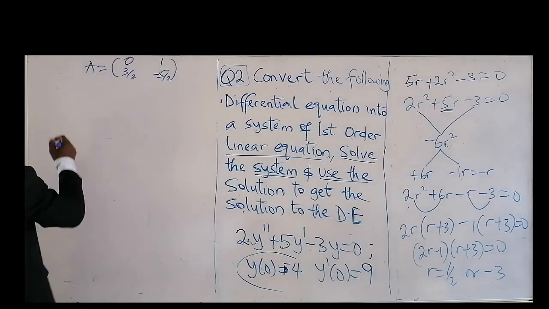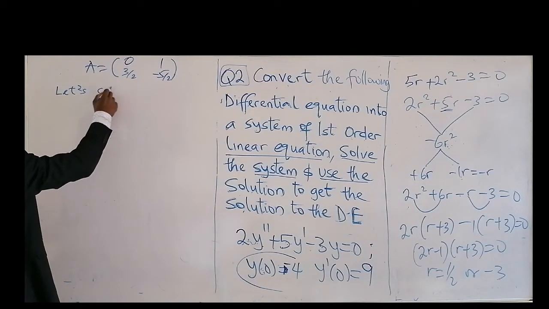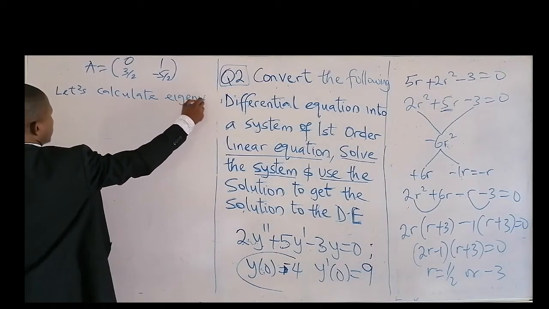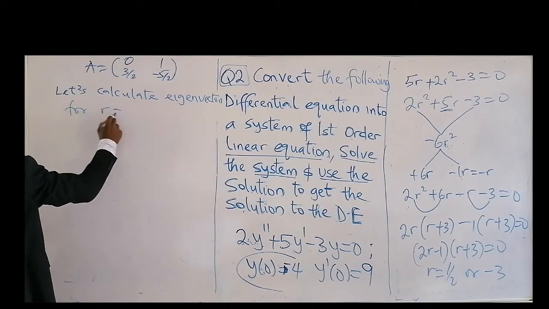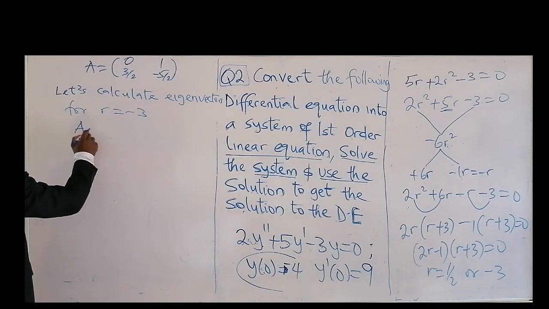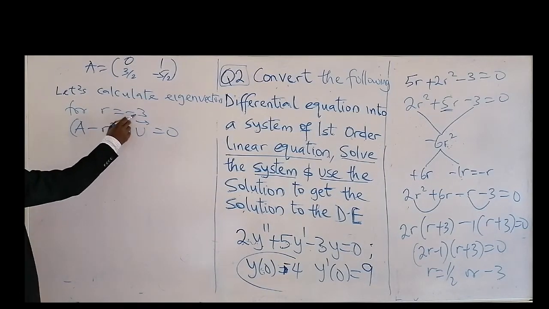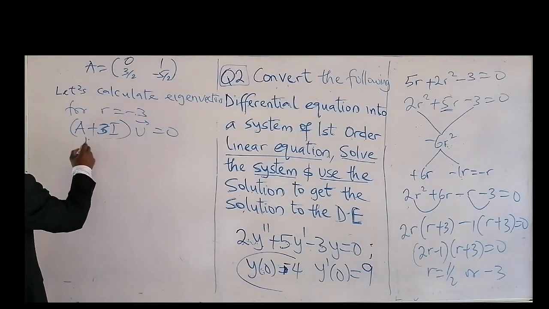Okay, so let's calculate the eigenvectors for r equal to minus 3. To do that, we solve this system, and your r is minus 3, so it becomes plus 3 here. The meaning of this is very simple.